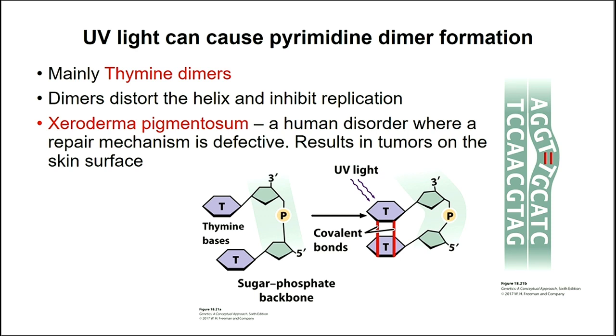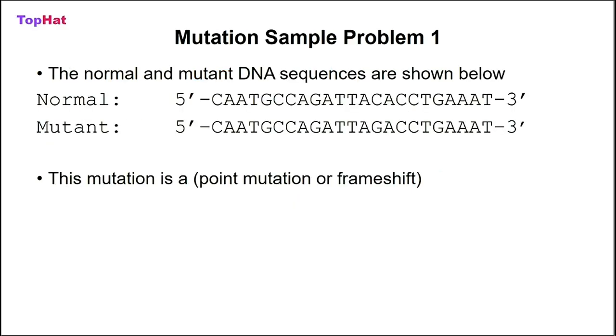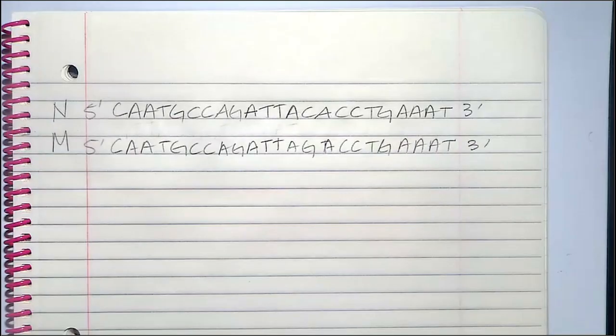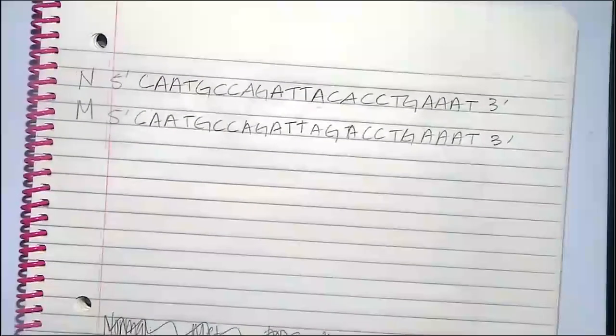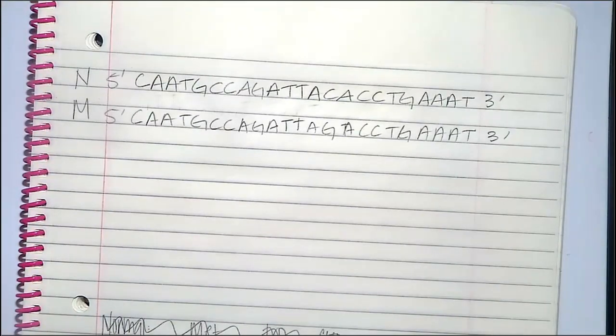Okay, so let's do a couple of samples to look at some mutations. So here is a normal DNA sequence and a mutant DNA sequence. So the first thing that we want to figure out is what type of mutation is this? So I've written this out on my paper here.